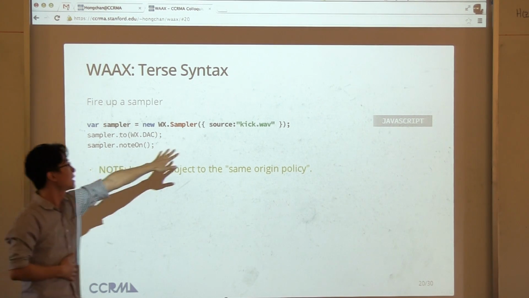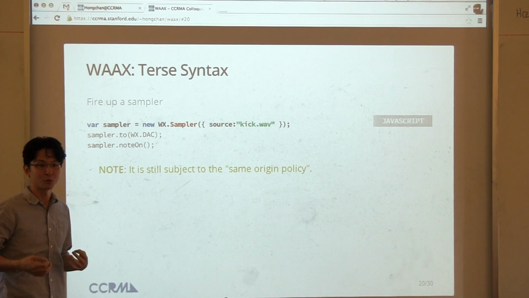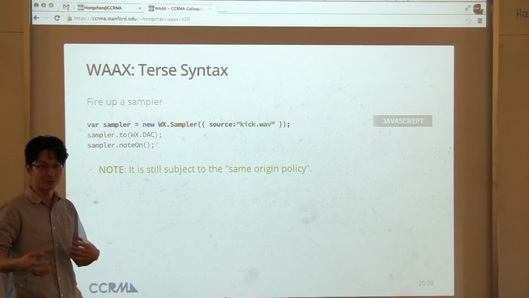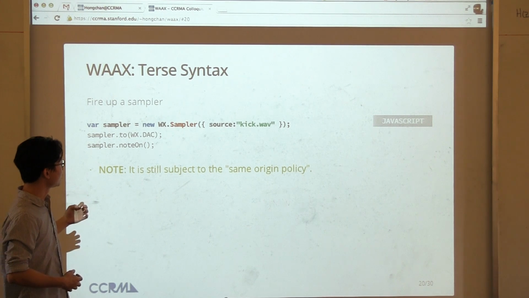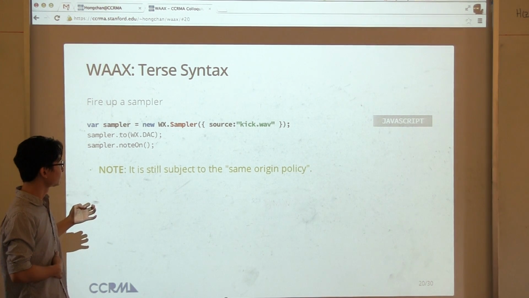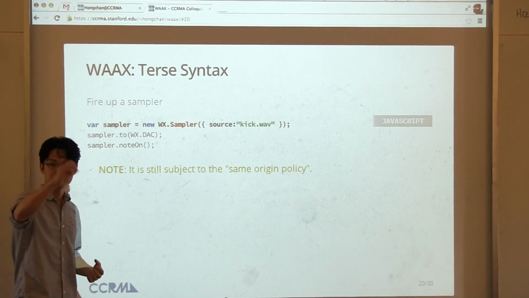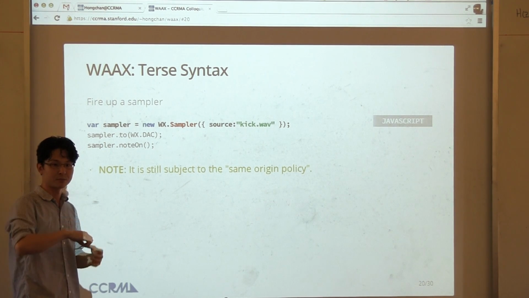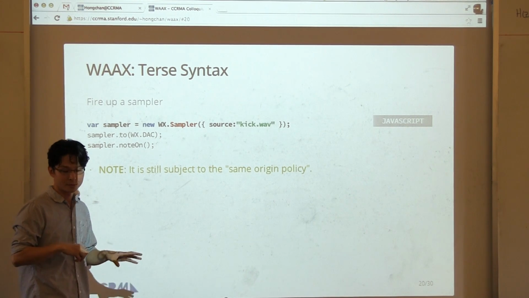This file still needs to be uploaded somewhere, because the web browser doesn't have direct access to your local file system. So what I'm building right now is that you can just drag and drop your sample to your web browser window, and the sampler will automatically capture that and play it for you.